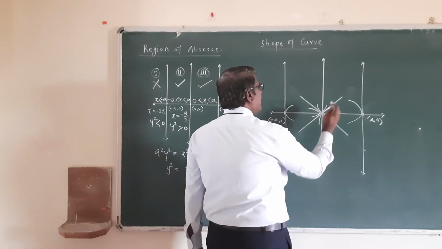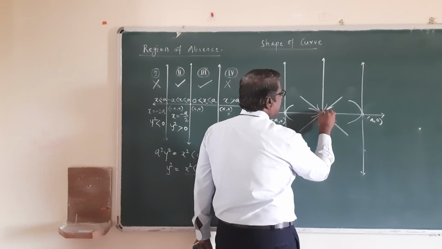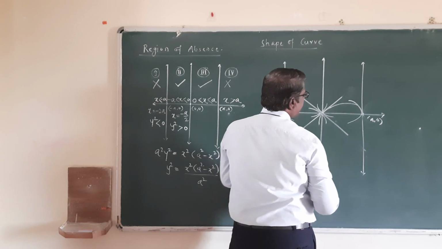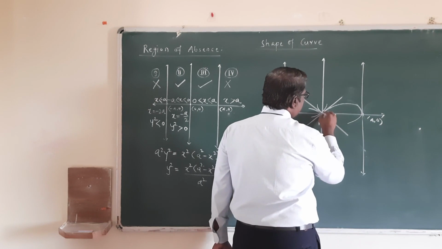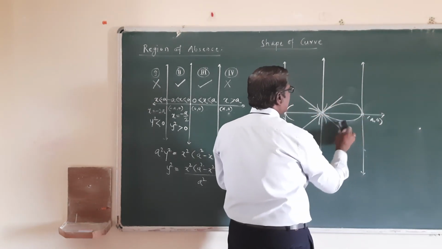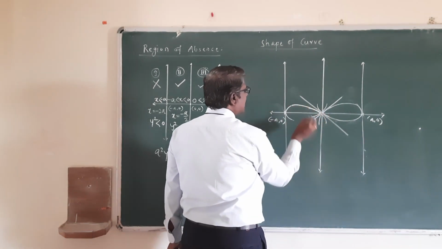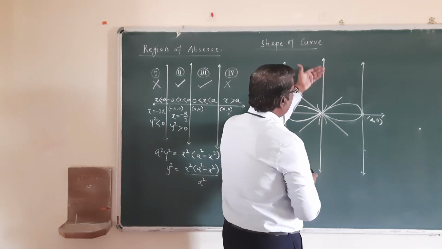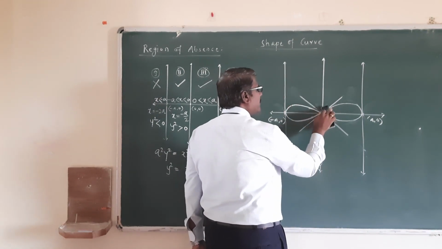But the part of the curve lies here, therefore we will extend this part of the curve toward this side. And again we will extend this part towards this side. Here also we will extend these two parts. So this is the curve, and again this is the curve. As no part of the curve lies here, we will remove these two.